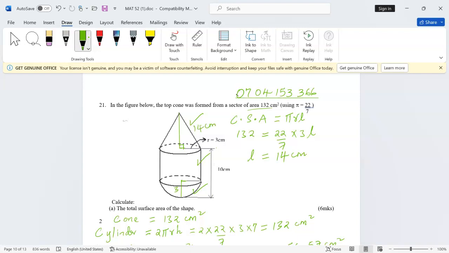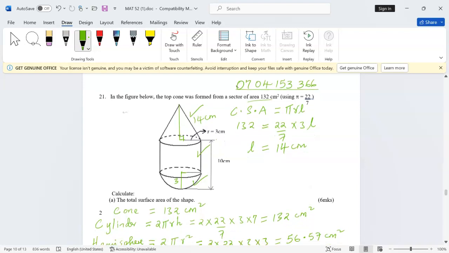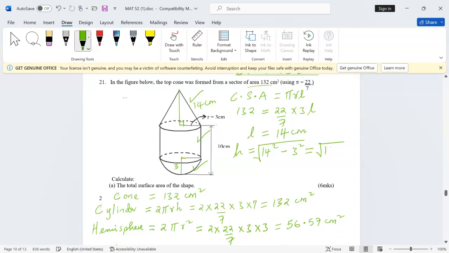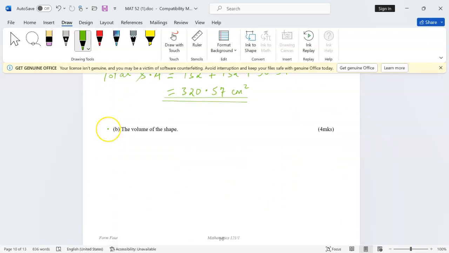Now with that slanting edge, we can get the vertical height for the conical part using Pythagoras theorem: 14 squared minus 3 squared, then we take the square root, and this will be the square root of 187 centimeters. That will be the vertical height. Now for volume, we start with the cone.